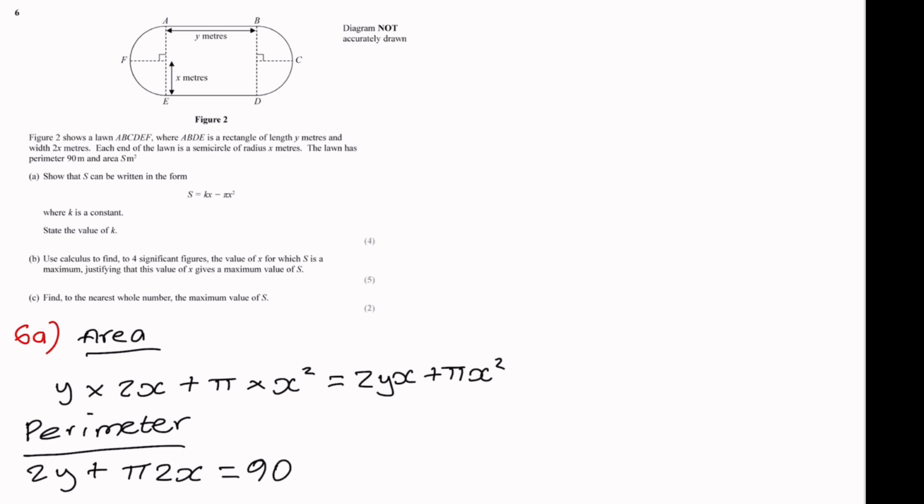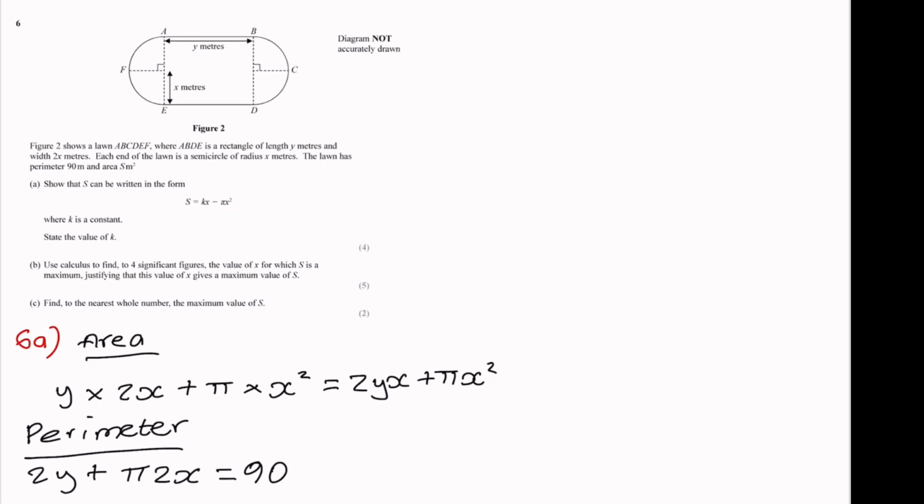So now we need to write the area in the form S equals kx minus pi x squared. Now you'll notice there isn't a y in this, whereas the equation for the area that we have has a y in it.